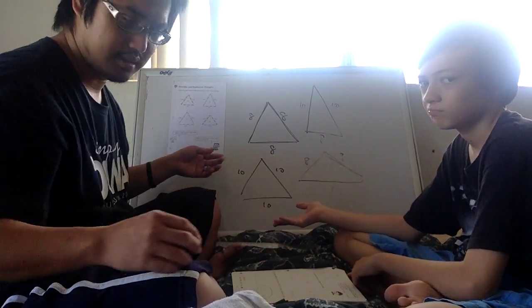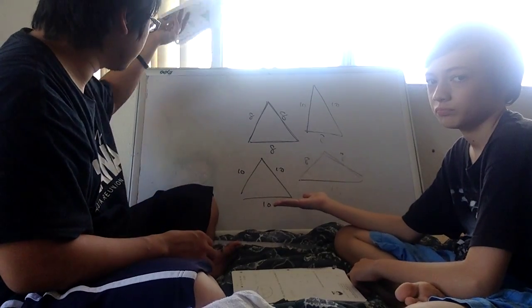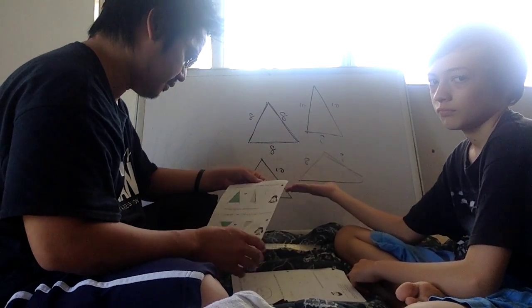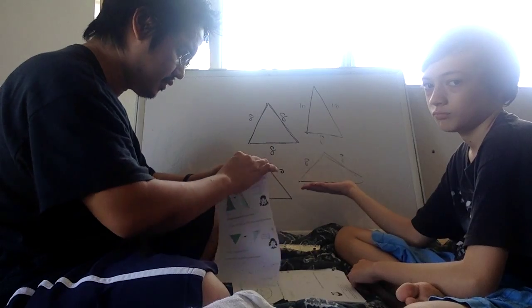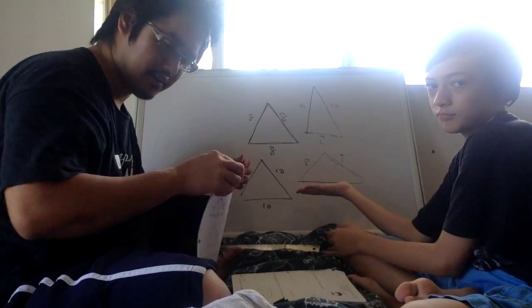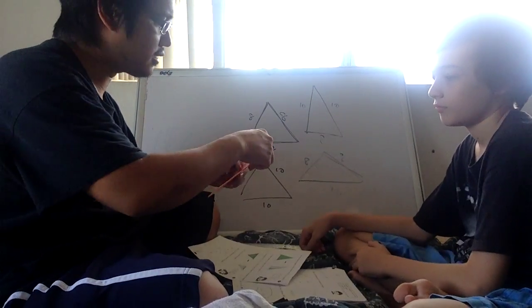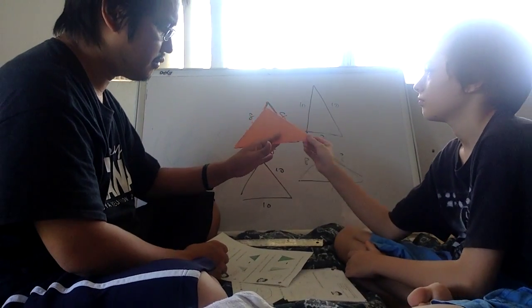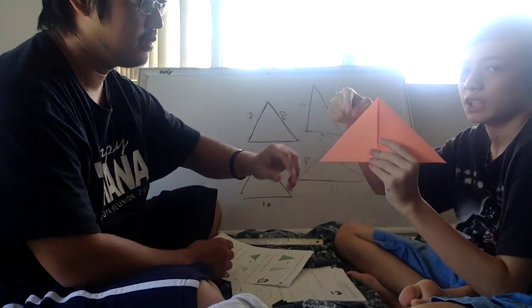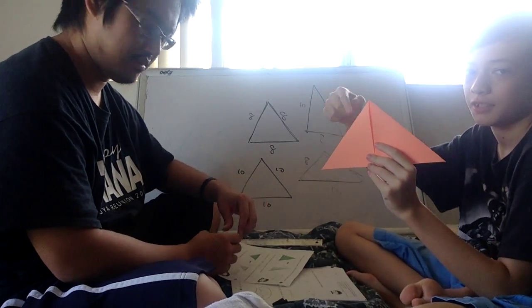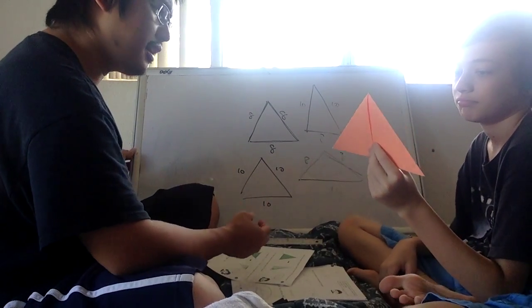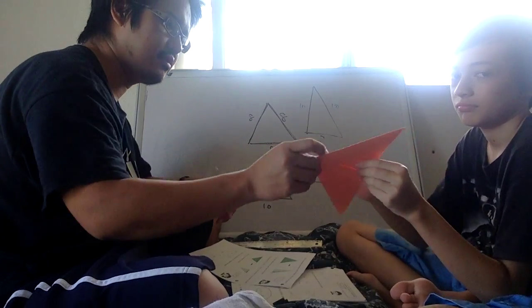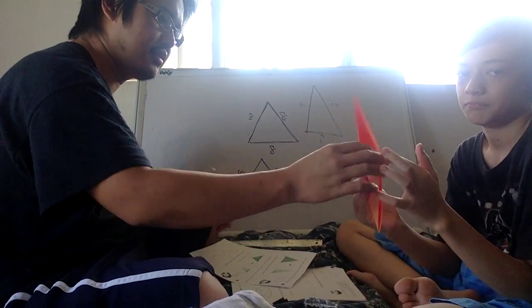Okay. Let's see, I need to do page 62. So, say we have an isosceles triangle. Here's an isosceles triangle. Which sides are equal? These 2. Okay. And which side's not equal? The big one.